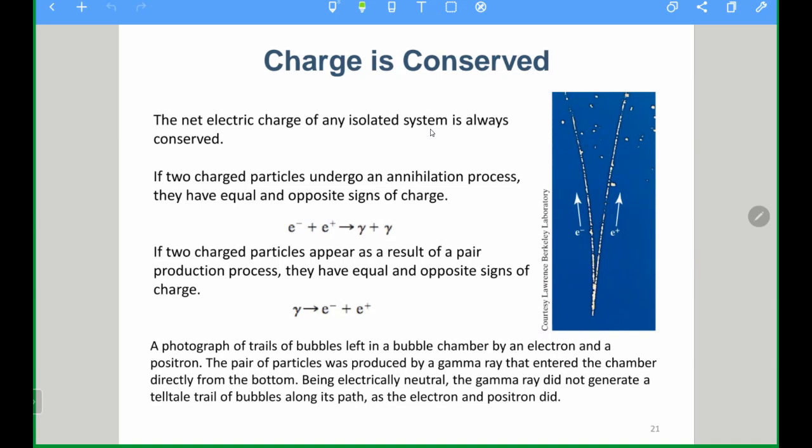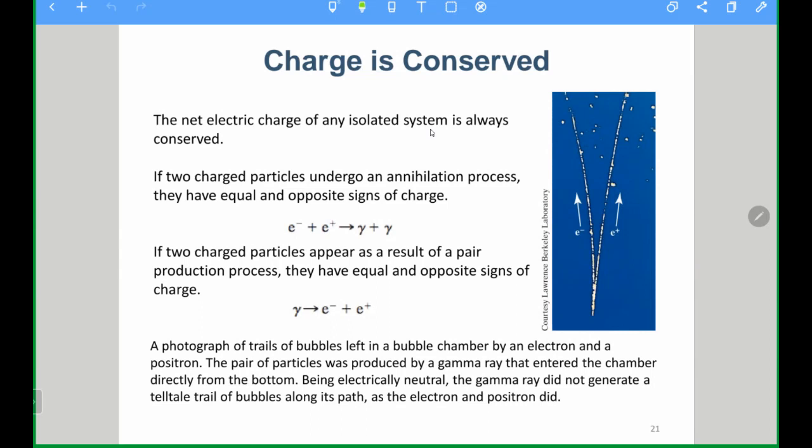The charge can only move from one place to another, but you cannot destroy the electron. If you have learned high school chemistry, when you write the chemistry formula, you have that kind of feeling: the charge on the left side and right side should be the same.